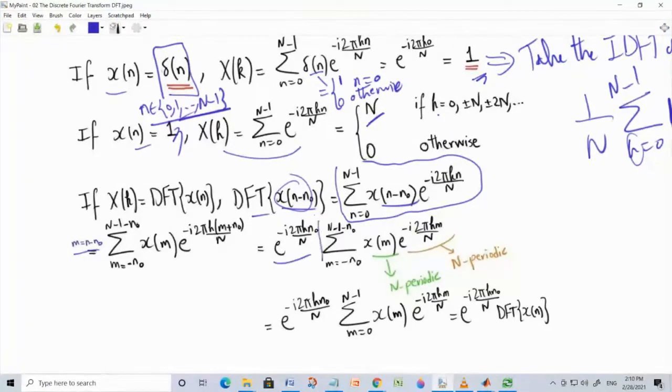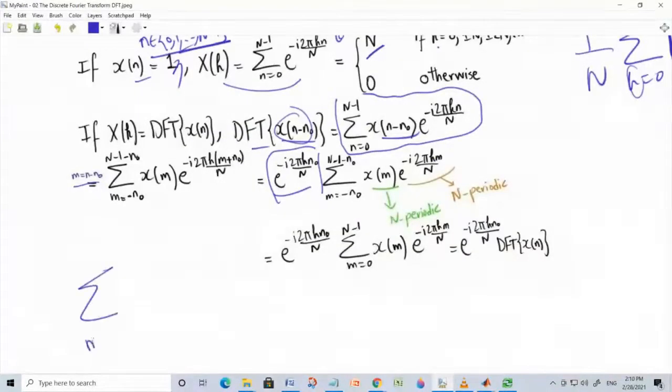You can bring it outside, and this is the famous exponential that appears whenever you have a shift in one domain, you get an exponential in the other domain, but then you get this summation here. Okay, so let's look at this summation: x of m e to the minus i 2 pi km over N. What is this summation?